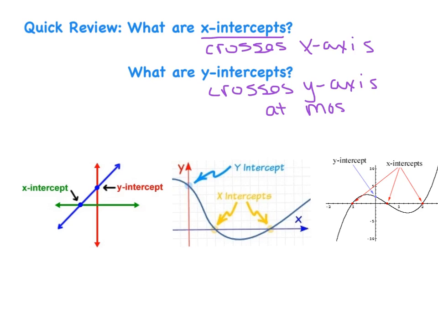Whereas when we talk about x-intercepts, you can have multiple x-intercepts, anywhere from 0 to infinity. So with respect to our graphs, here's one x, one y. The second graph has two x-intercepts, but again, only one y-intercept at most. And our third graph has 1, 2, 3 x-intercepts, but at most just one y.